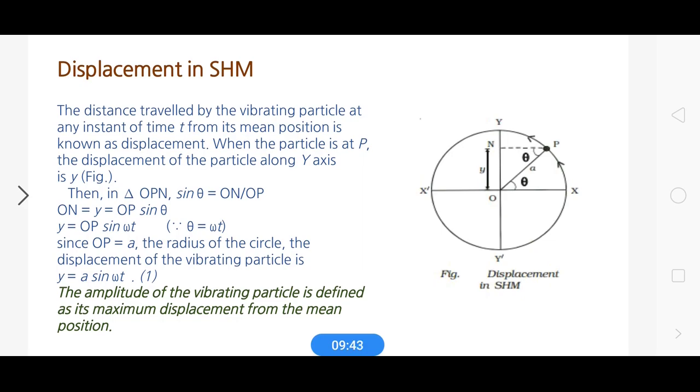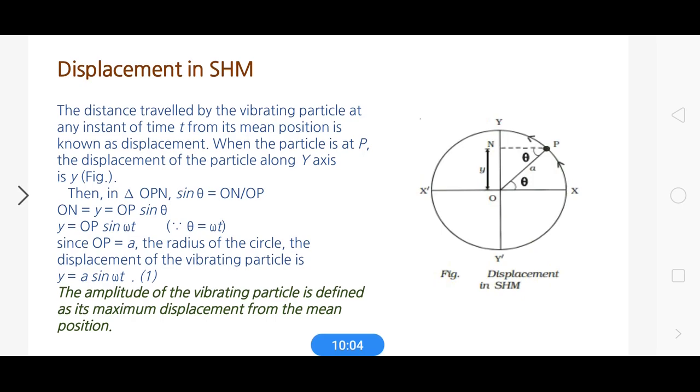But theta is equal to omega t. So y is equal to A sine omega t.